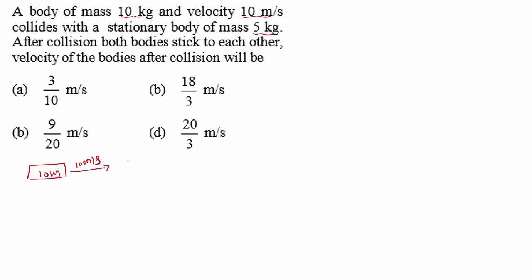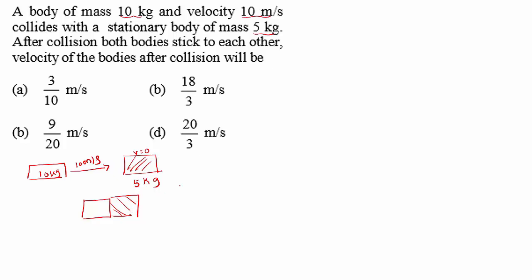Now it is going to collide with a stationary object of mass 5 kg. Its velocity is 0 because it is at rest. After collision, both bodies stick together. Then what is their velocity after collision?